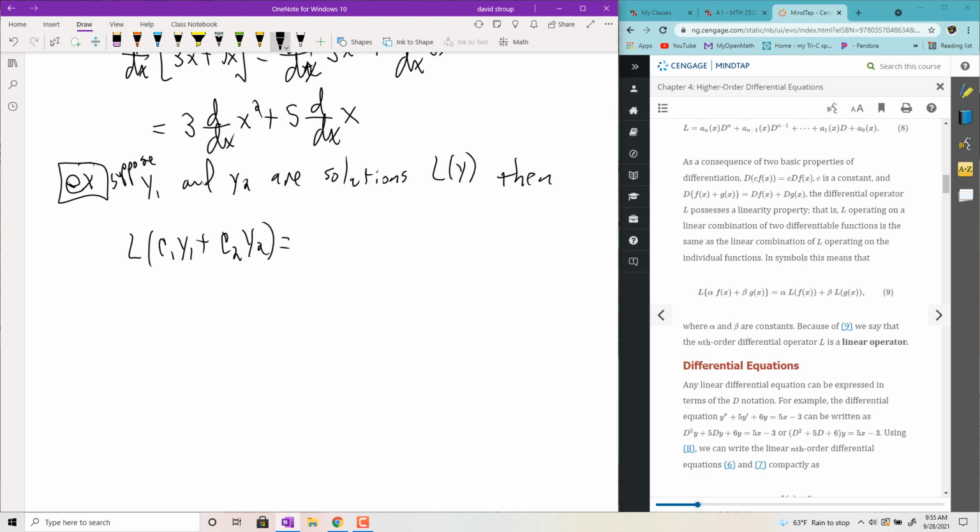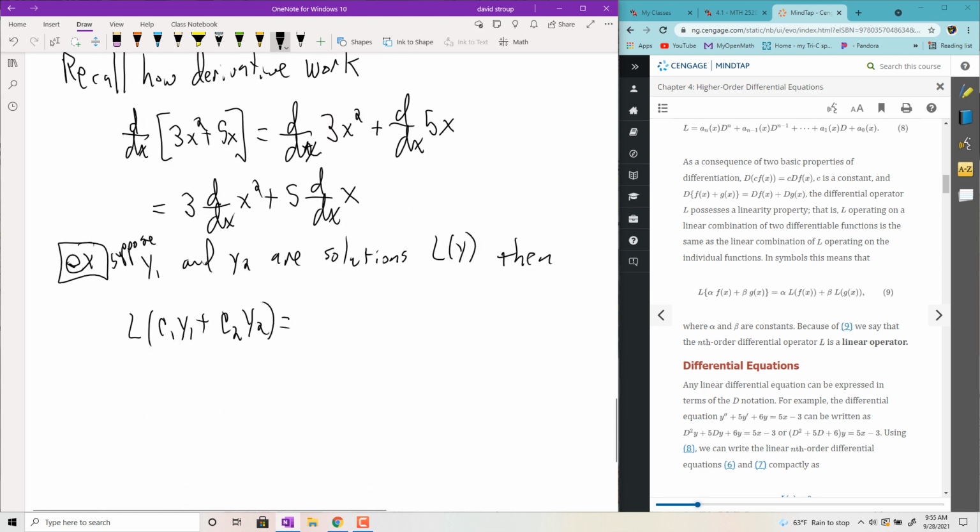It'll obey those same rules of derivatives, that linearity property. So the L of a sum of functions is a sum of L of those functions. And then you can factor out the constants. You get c1 L of y1 plus c2 L of y2.